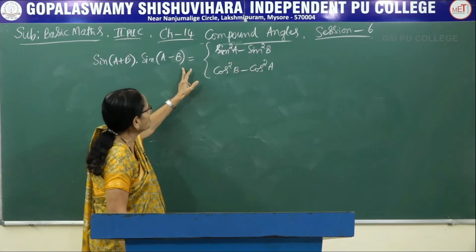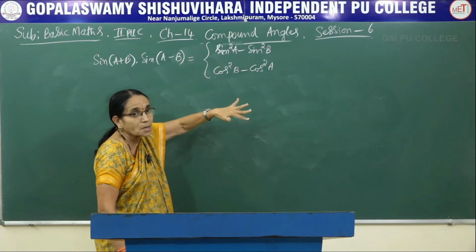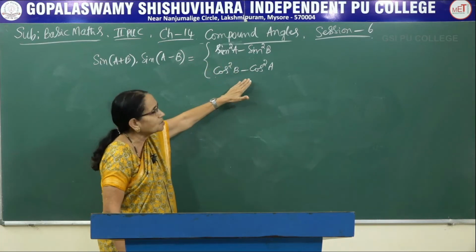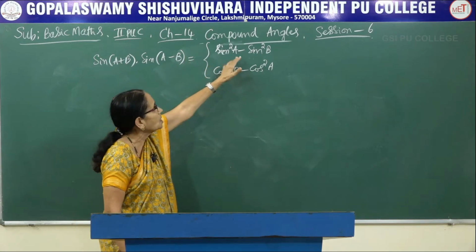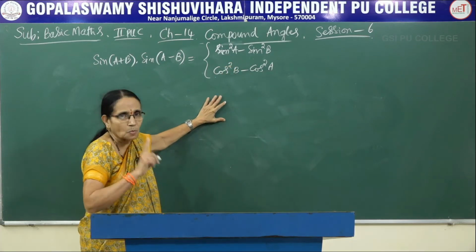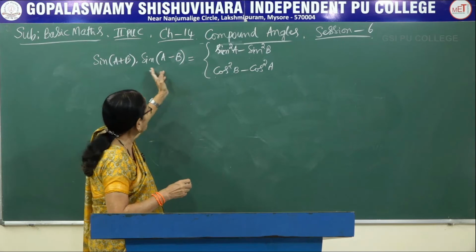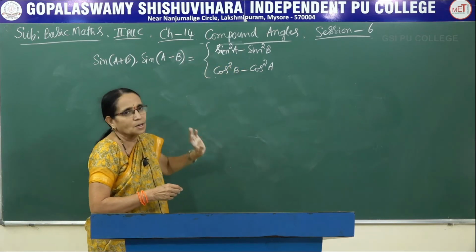Sin a plus b into sin a minus b can be taken as sin square a minus sin square b, or it can be cos square b minus cos square a. Usually we come across this one. This product is equal to the difference of these two terms. So this can be given as a problem also, but whenever you have this product, you can write the result to be sin square a minus sin square b.